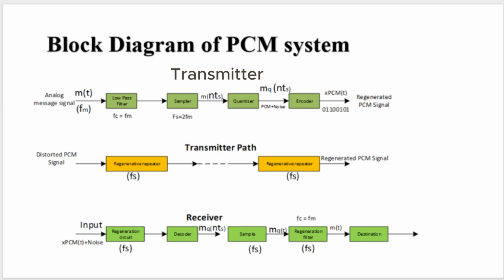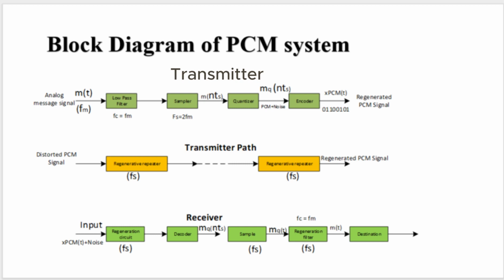The repeater performs three basic operations: quantization, timing, and decision making. Each repeater actually reproduces a clean and noise-free PCM signal. This improves the performance of PCM in the presence of noise.